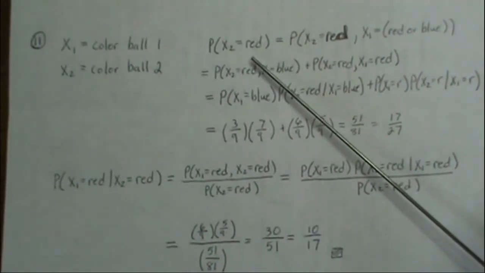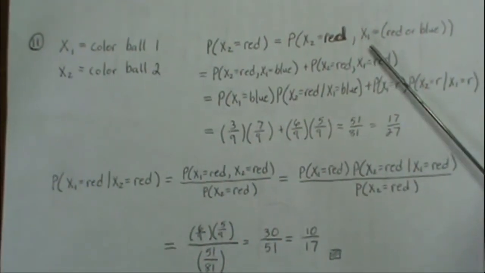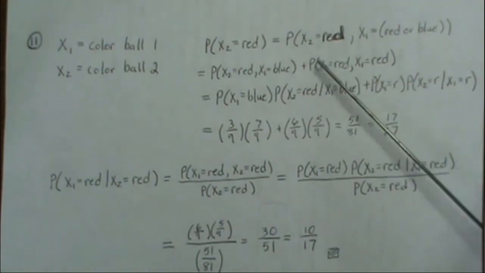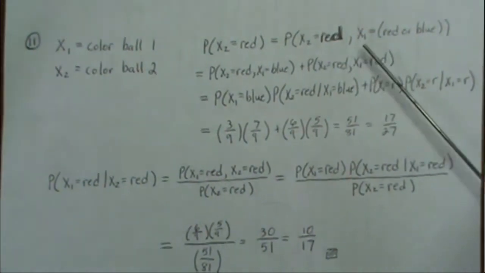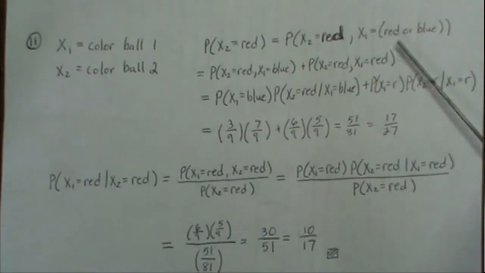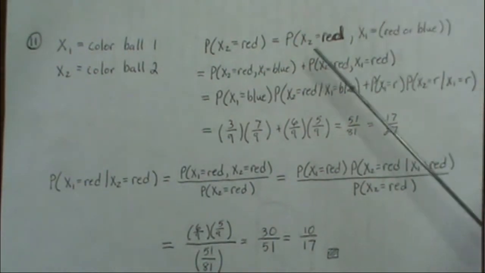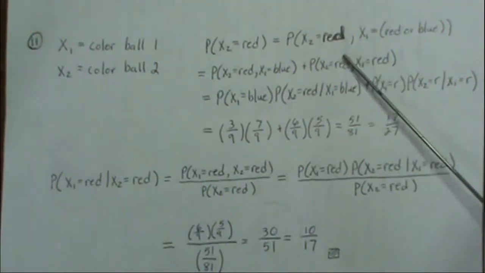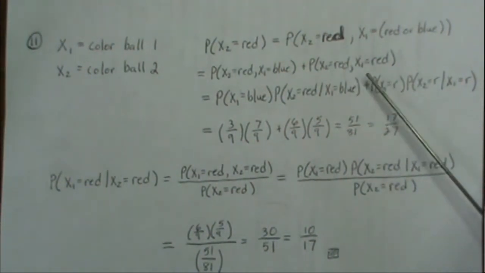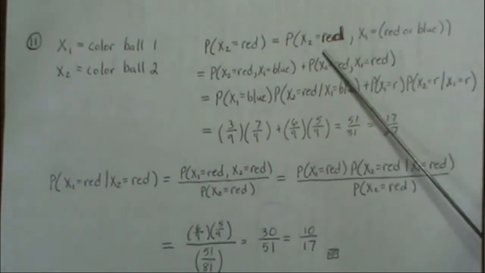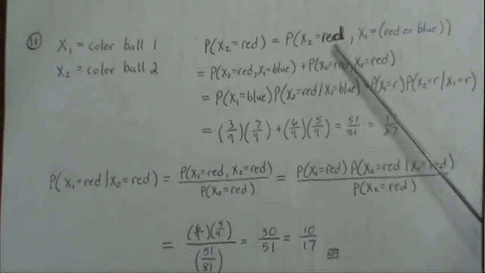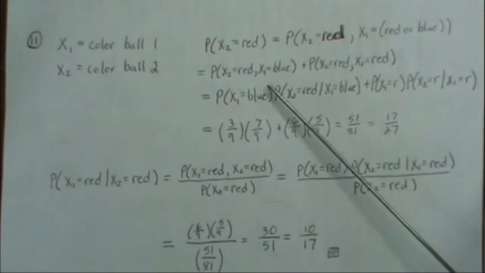Well, if we add in a variable and consider the probability that x2 is red and x1 is red or blue, this event here is 1, so we're not changing the probabilities. But then we can condition on that.